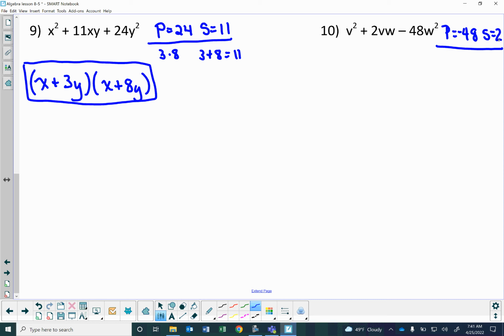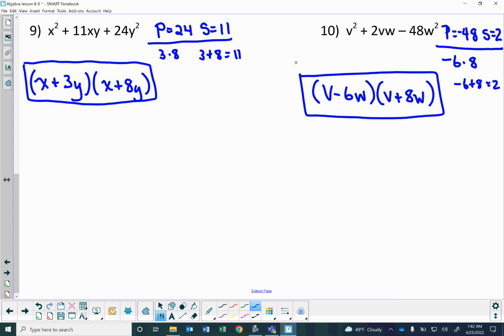But since my sum is small, my factors need to be closer together. So I'm thinking negative 6 times 8, because negative 6 plus 8 is equal to 2. And there I've got it. So I've got v minus 6w times v plus 8w. And I have factored that problem.